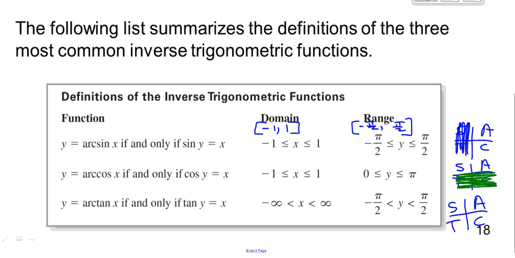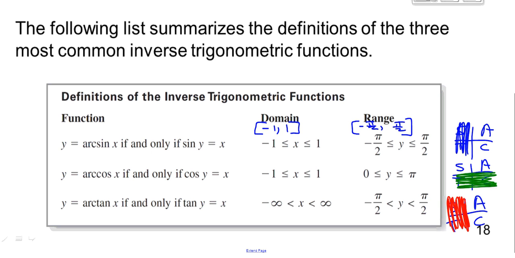And then arc tangent, the domain is actually from negative infinity to infinity, so it includes everything. And the range is restricted. It is negative pi over 2 to pi over 2, but it doesn't include those endpoints. The values at negative pi over 2 are undefined, and at positive pi over 2, they are undefined.